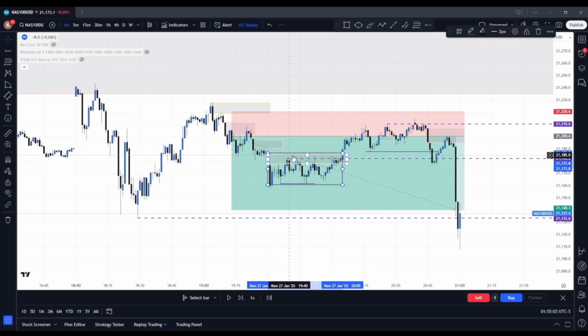If you study the power of three, which is accumulation, manipulation, and then distribution or expansion, in this instance we're distributing, but this is the accumulation. Then what you're gonna start to see is that we ran out of liquidity here. We accumulated. Right after we accumulate, we manipulate right here.